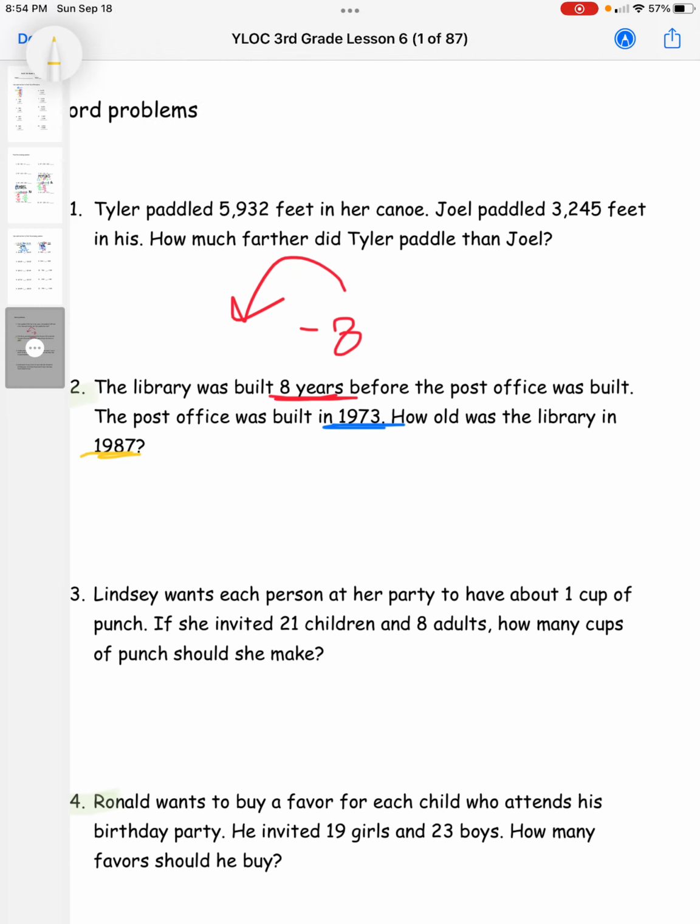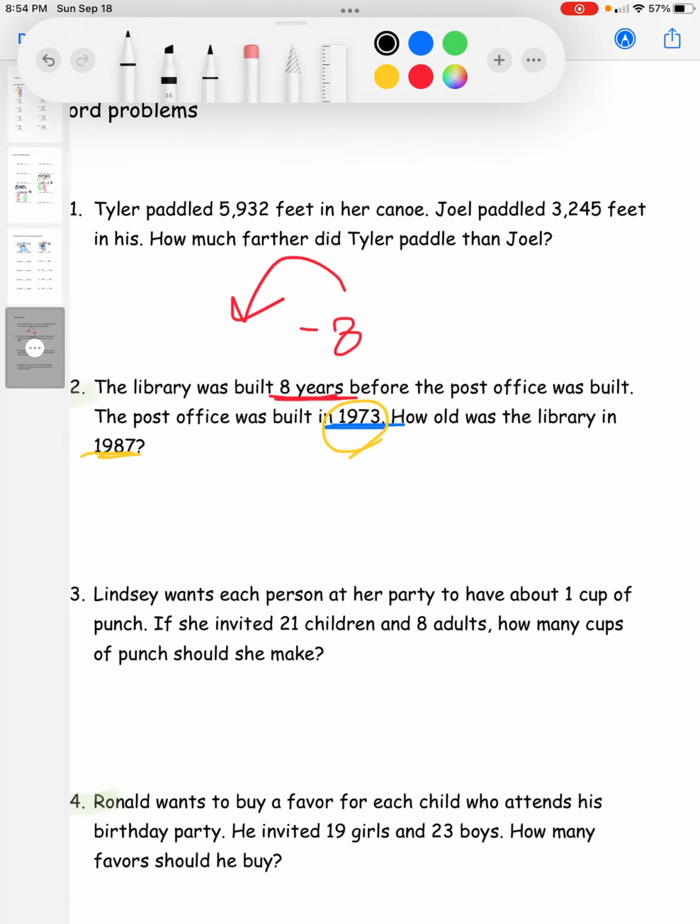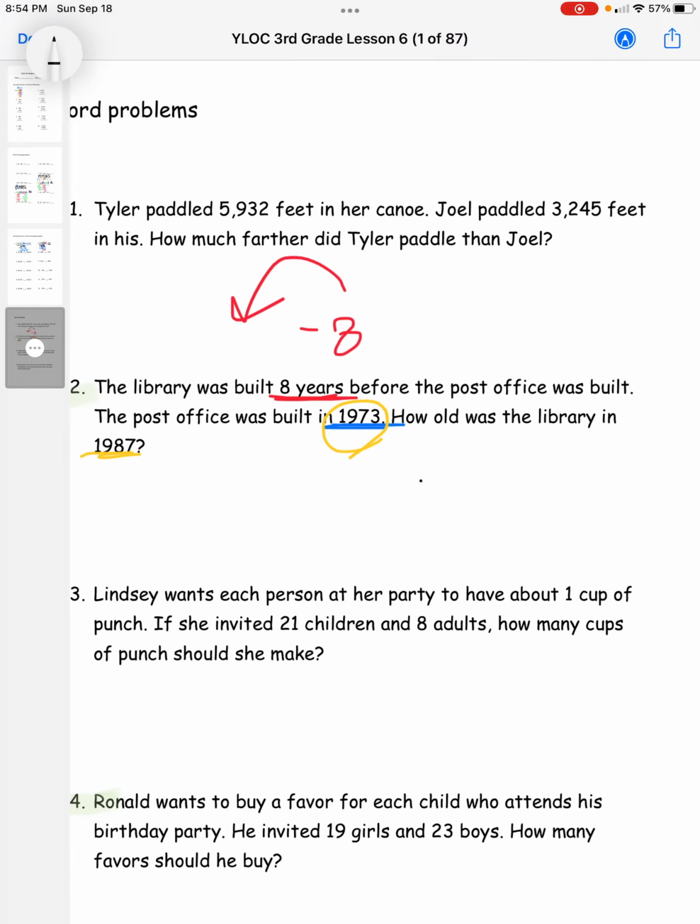We want to take 8 years away from this date, because years get smaller when you go before in time. So you want to take 8 years away from when the post office was built, because the library was built before. So we'll take 1973 and subtract 8 from it.